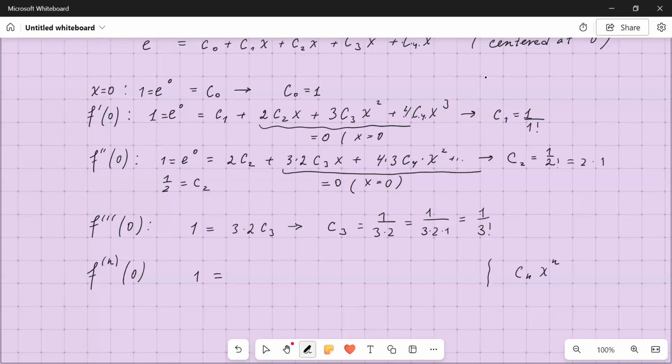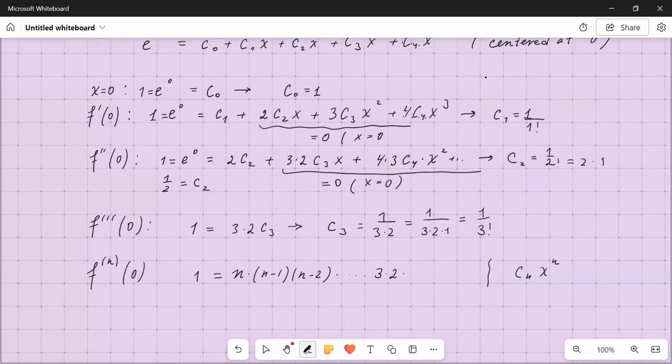Before I remove this x to the power of n, I need to differentiate it n times, because I differentiated the first time and the power is 1 unit less, and then the second time 1 more unit less, and so on. So the first time I differentiated I get n, the second time n minus 1, the third time n minus 2, and so on until the last, times 3, 2.